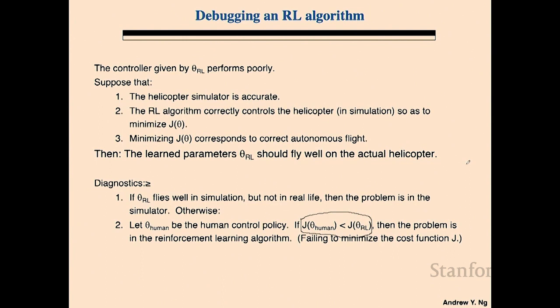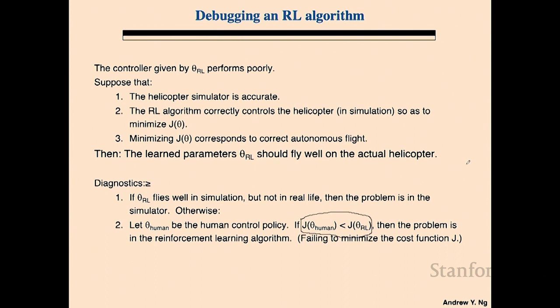So there are two cases. That equation will be either less than, or greater than or equal to. So case one is J of theta human is less than J of theta RL. Then that tells you that the problem is with the reinforcement learning algorithm.